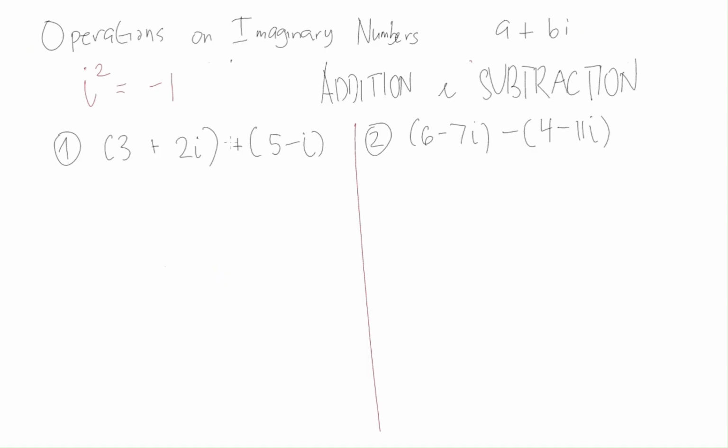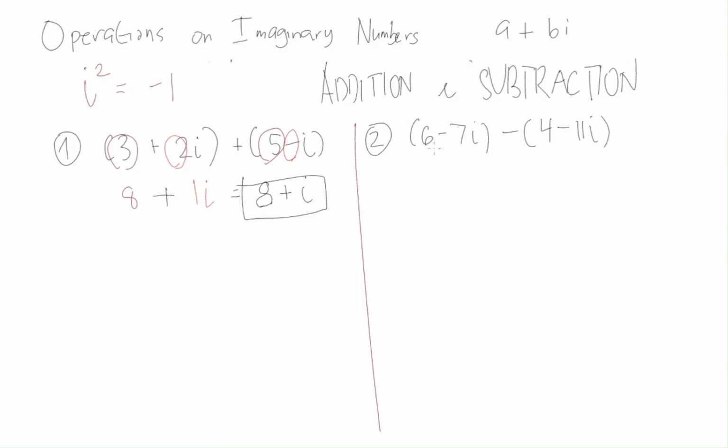In adding polynomials, we add the like terms together, right? So 3 plus 5 is 8. And the like term 2 minus 1 is just 1. Then we copy the variable, making the i as a variable. So our answer is 8 plus 1i, or simply 8 plus i.